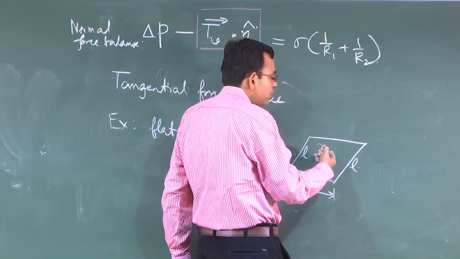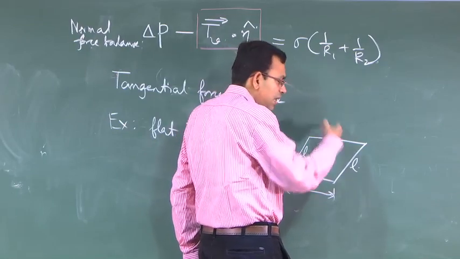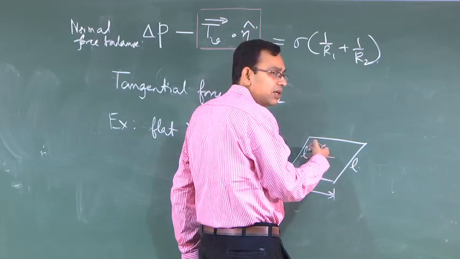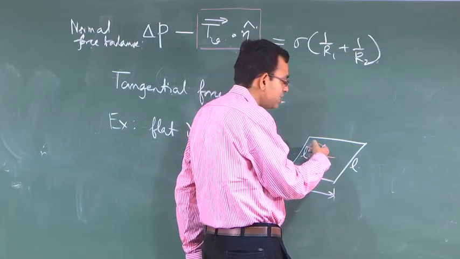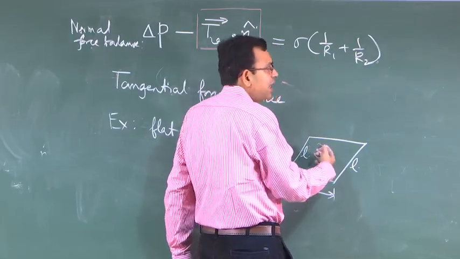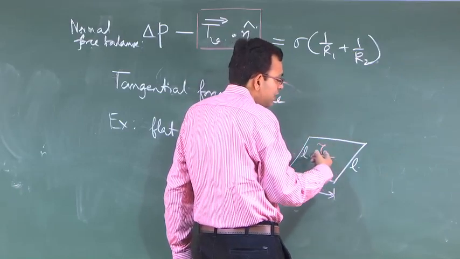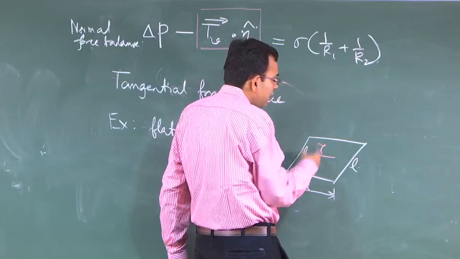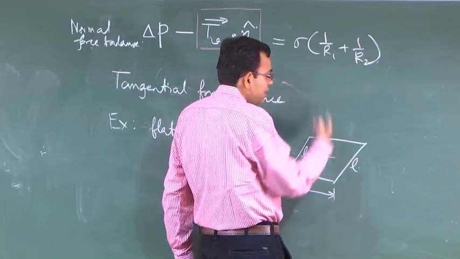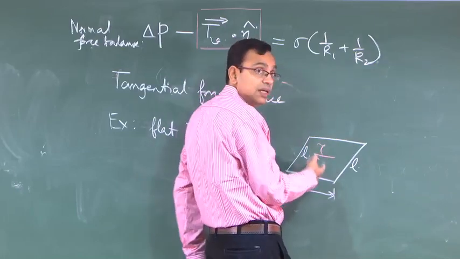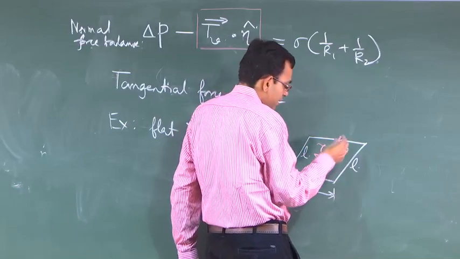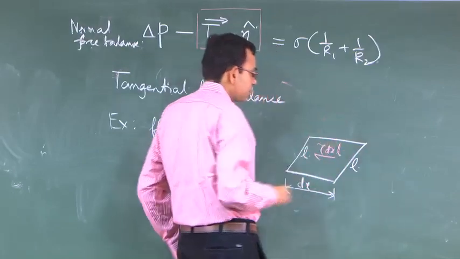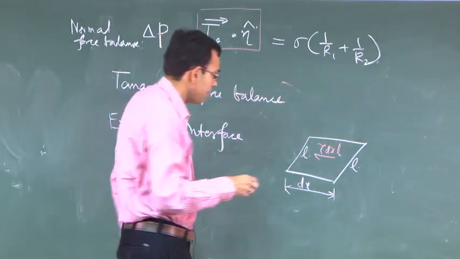If the top phase is a gas phase and the bottom phase is a liquid phase, normally because the viscosity of the gas is much less than the viscosity of the liquid, we neglect the shear stress in the gas phase, and then this becomes the shear stress in the liquid phase only. Otherwise, this tau has to be interpreted as the difference in shear stress across the two sides of the interface. So, the corresponding force is tau dx into L, shear stress times the area.